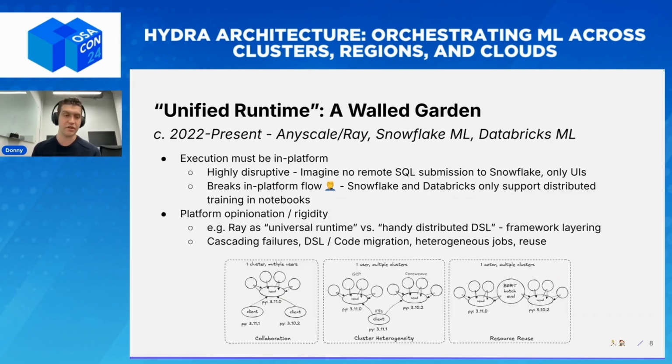And they also come with a degree of rigidity because even the orchestrators themselves have many fundamental assumptions about the structure of your programs, et cetera. So the latest evolution of this was to choose a sort of unified runtime, or rather a kind of walled garden system, that you give to both your researchers and use in production, such that the code itself is identical between research and production, and there's no research-production migration process or gap.